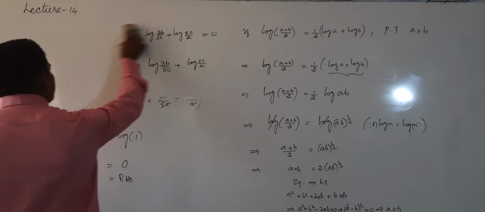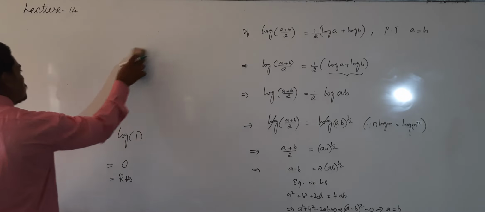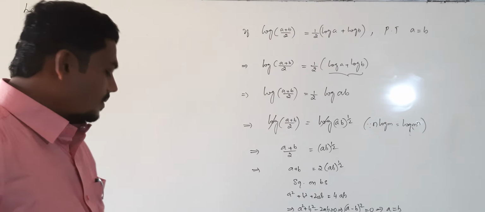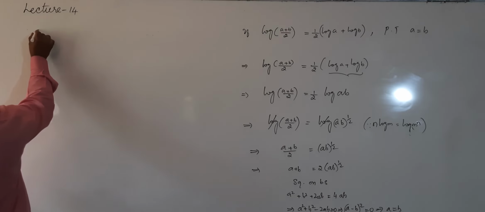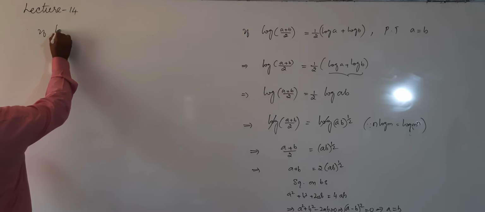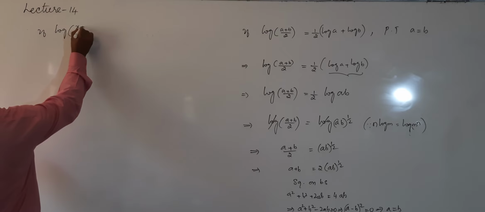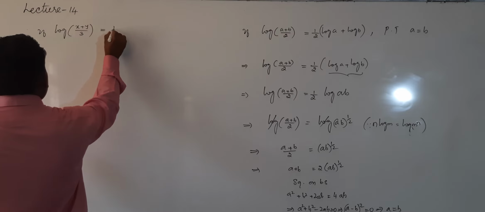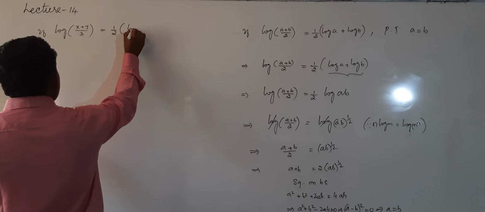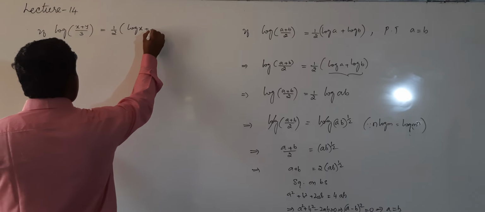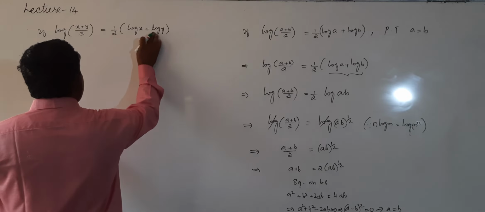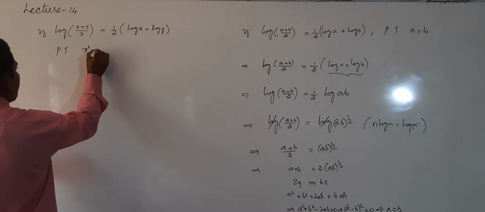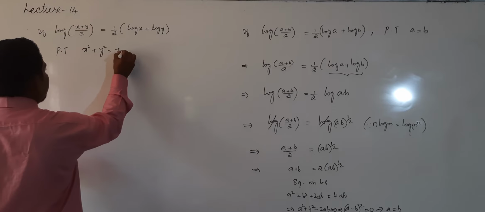Next problem. If log of (x plus y) divided by 3 equals 1 by 2 times (log x plus log y), prove that x square plus y square is equal to 7 times xy.